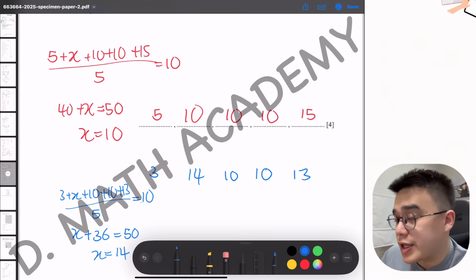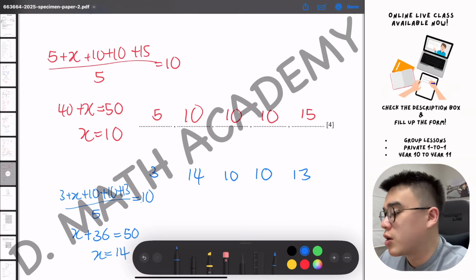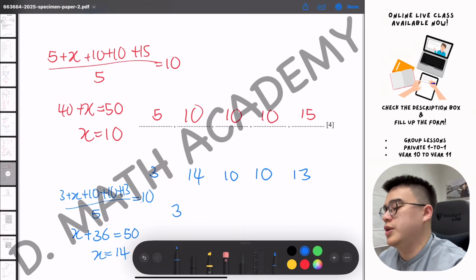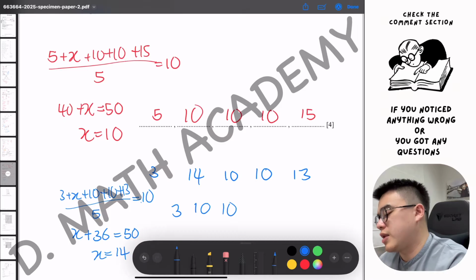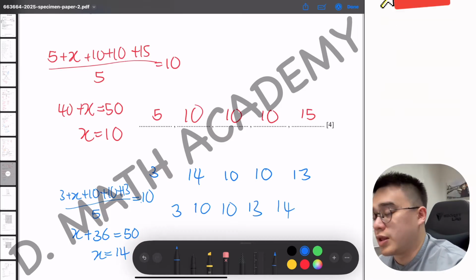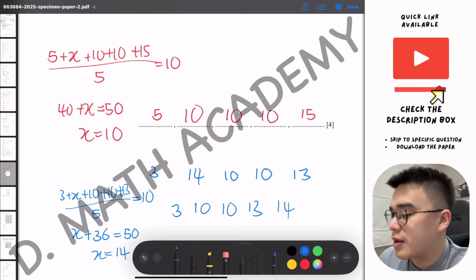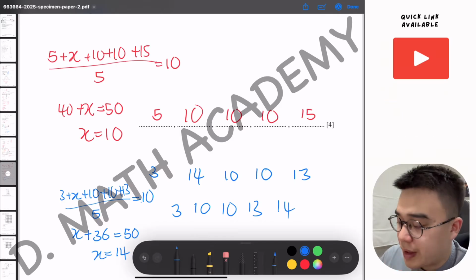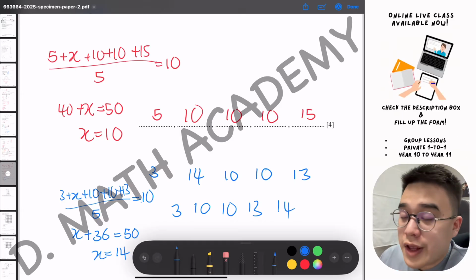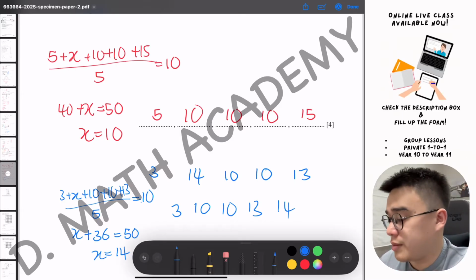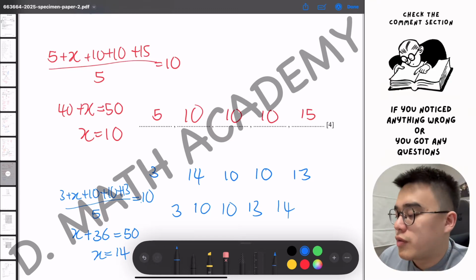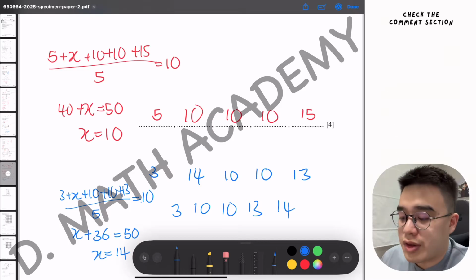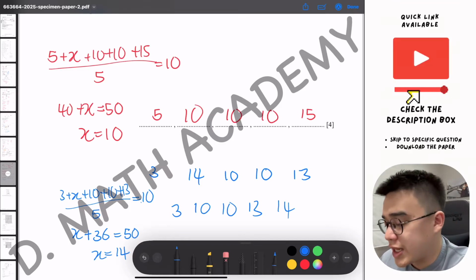Okay, time to do the thinking. Why is this answer wrong? Because when I try to make the arrangement again, I will get 3, 10, 10, 13, and 14. Despite it matching the mean, the range is now off, because 14 minus 3, you will have a range of 11, which makes it invalid.